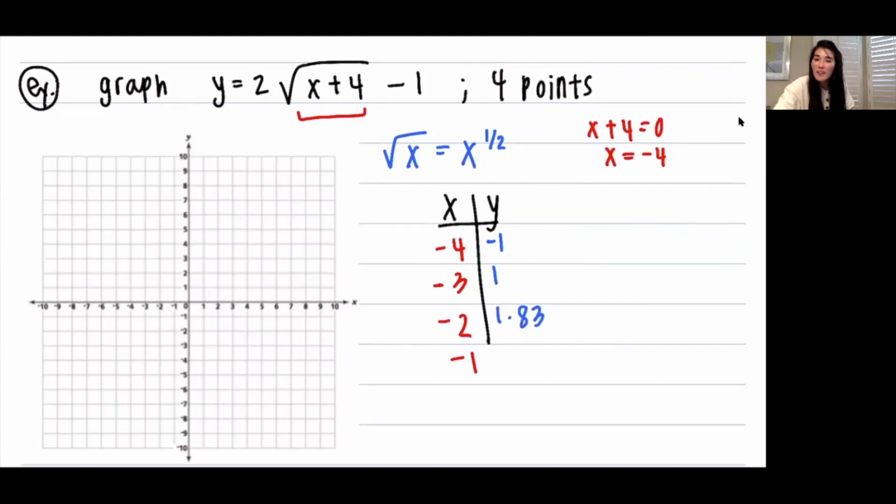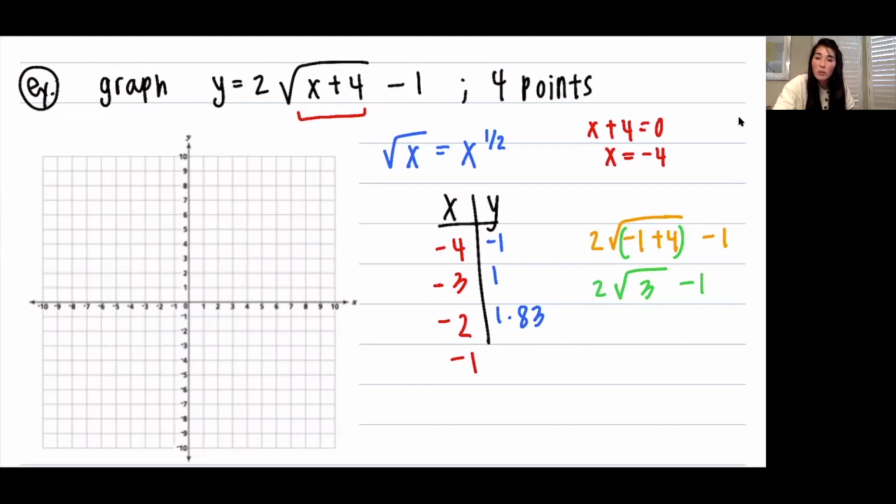All right, guys, and then I'm going to show you one more time how we plug in that number. So again, what's happening here is this would be 2 times the square root of -1 plus 4, and then minus 1 at the end. Remember, when you are simplifying this, though, you simplify what is underneath the radical. So pretend like that parenthesis set is there. Simplify that first. So this would be 2 times the square root of 3, and then minus 1. Remember, like I told you, that exponents come first.